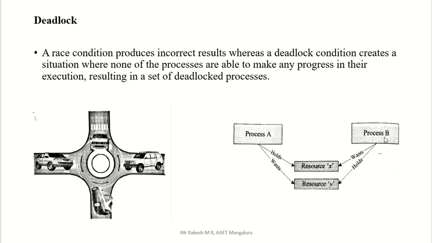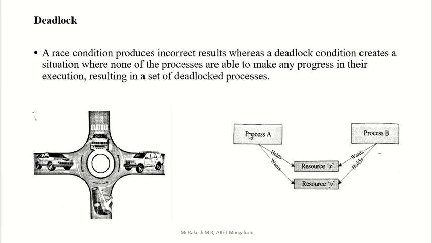Now what about B? Here process B wants both resources for execution, X and Y. Process B wants X, that means it needs resource X, but it holds Y. It holds one thing and wants another thing. So that is the problem.